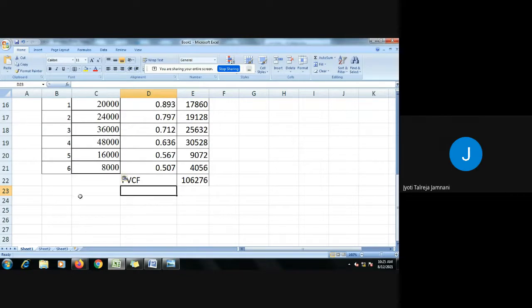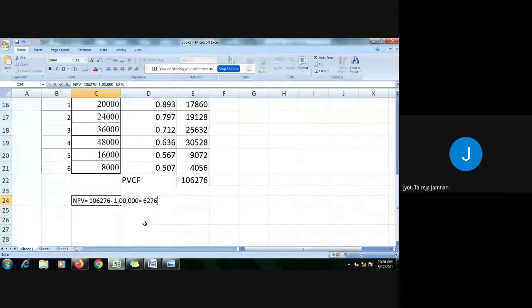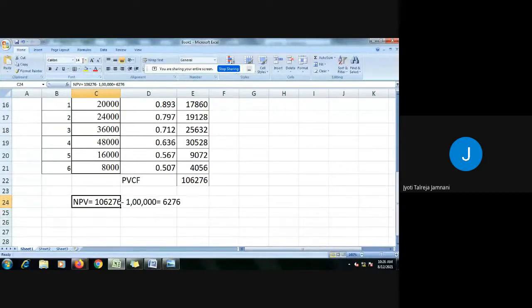Again, we'll find the NPV. You know the formula of NPV now. It's present value of cash flows, that is 1,06,276 minus initial investment, which is 1 lakh, which is same for both the projects. So 6,276 will be the NPV.